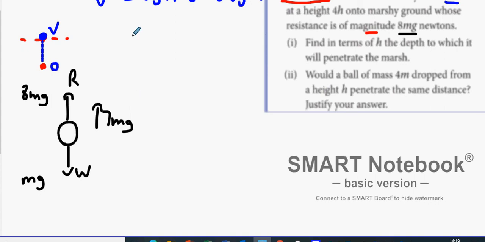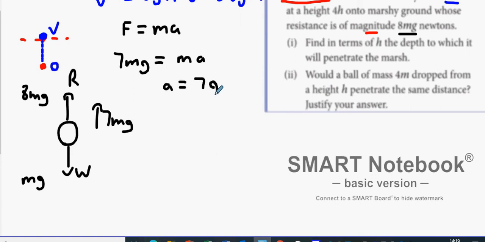Okay? So force equals ma, the net force is 7 mg. This results the same as ma. This should result in a deceleration of 7g. 7g is the deceleration.